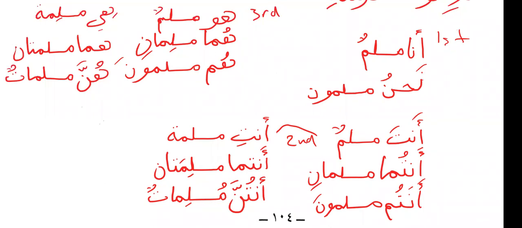It's as easy as that. So here we have masculine, feminine, and here we have masculine, and then over here the feminine. And ana Muslim. نحن, you would say نحن مسلمون and نحن مسلمات.